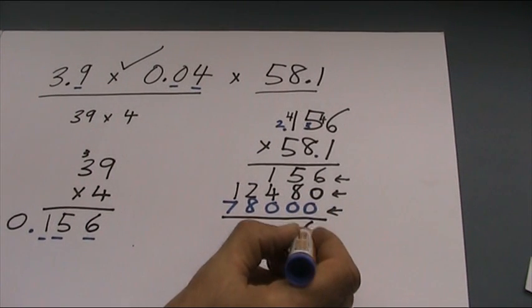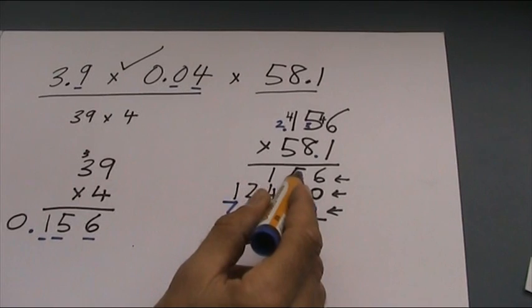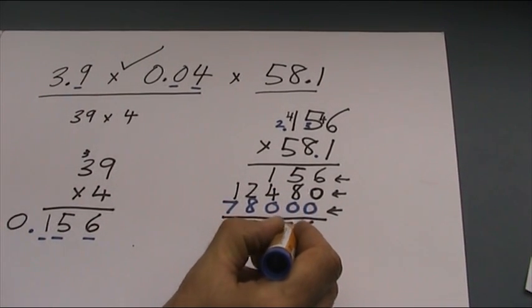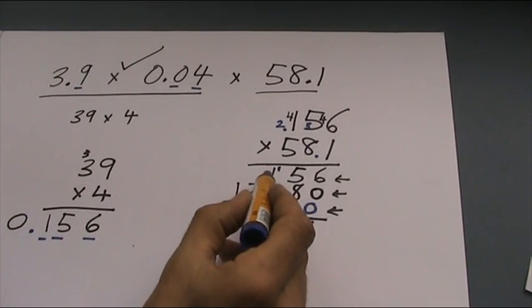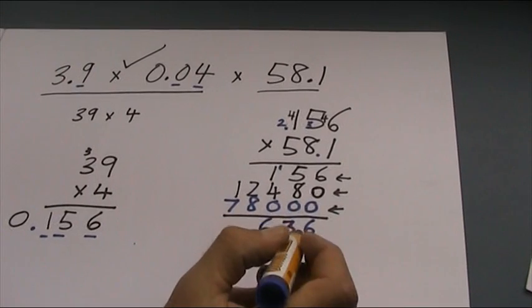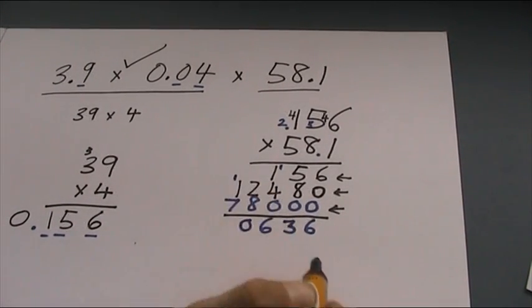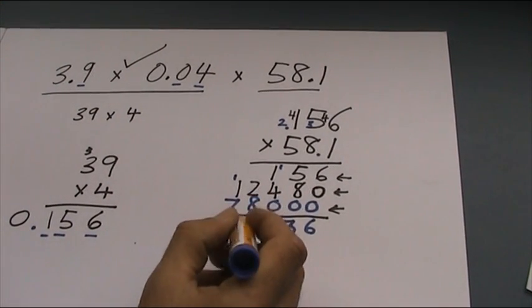So 6 and 2 zeros is 6. 5 plus 8 is 13. 4, 5, 6. 8 and 2 is 10. Carry the 1. 7 and 1 and another 1 is 9.